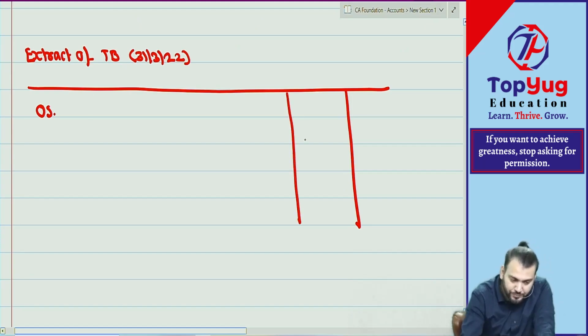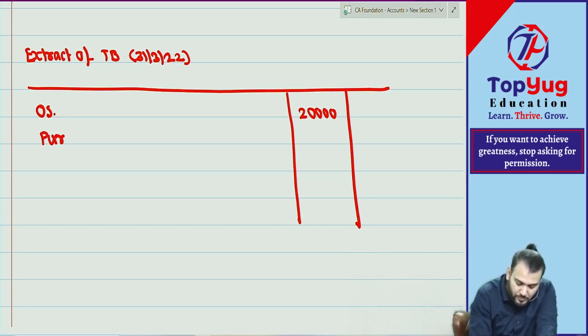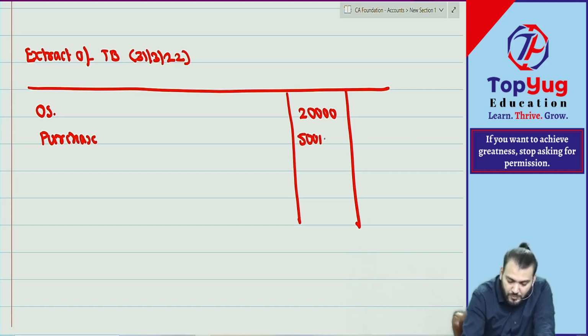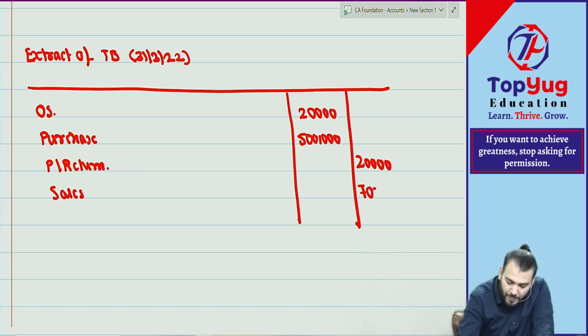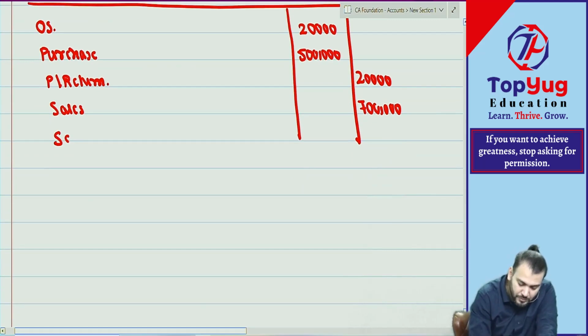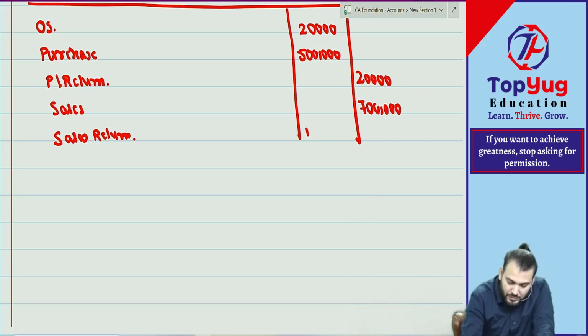Opening stock 20,000. Purchase 5 lakh. Purchase return 20,000. Sales 7 lakh. Sales return 10,000.